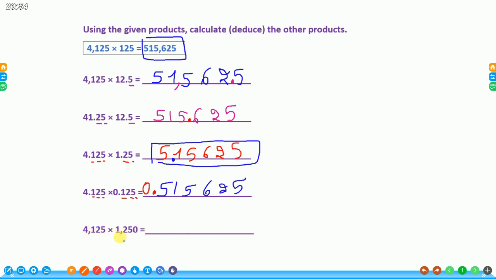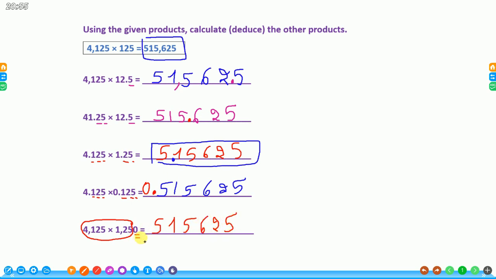Now let's solve the final operation, 4,125 times 1,250. In this operation, both numbers are whole numbers. We don't have decimal numbers. And we notice here that only this 0 is added. Here we don't have a 0, and here we have a 0. So if you multiply 4,125 times 125, I obtain this answer. So let's copy the answer.